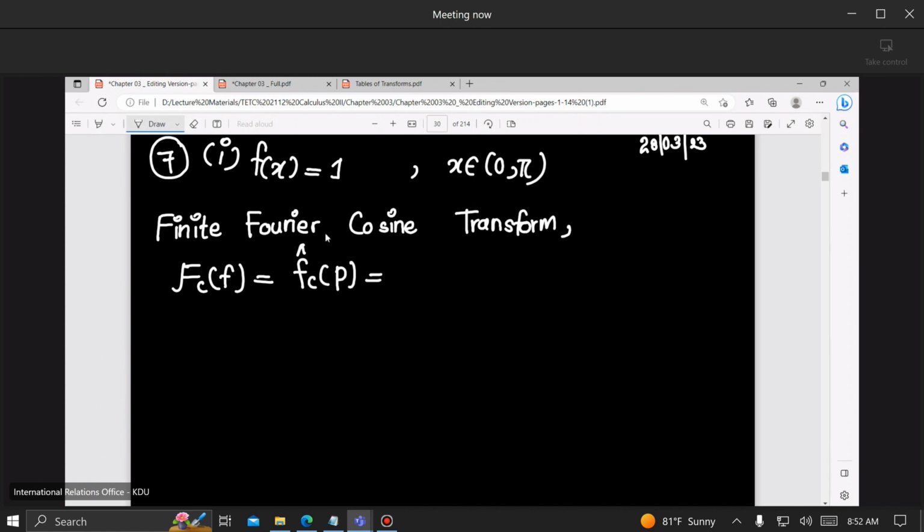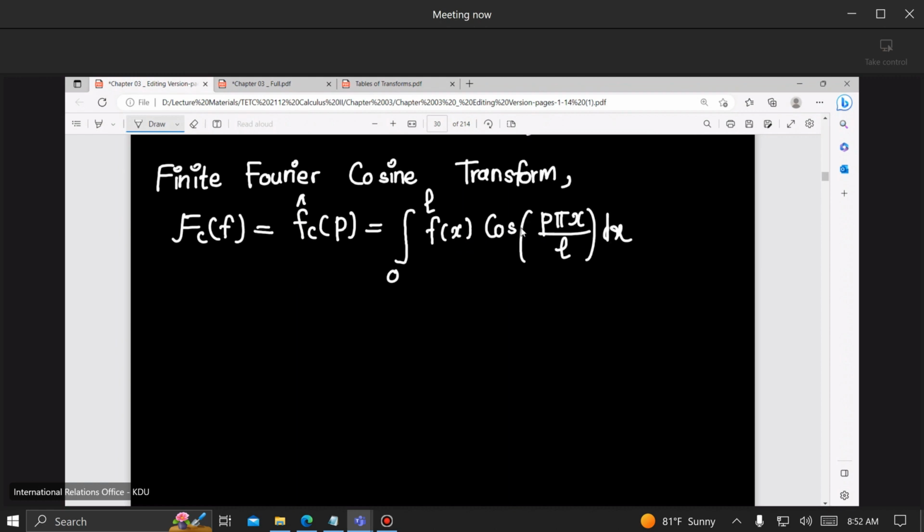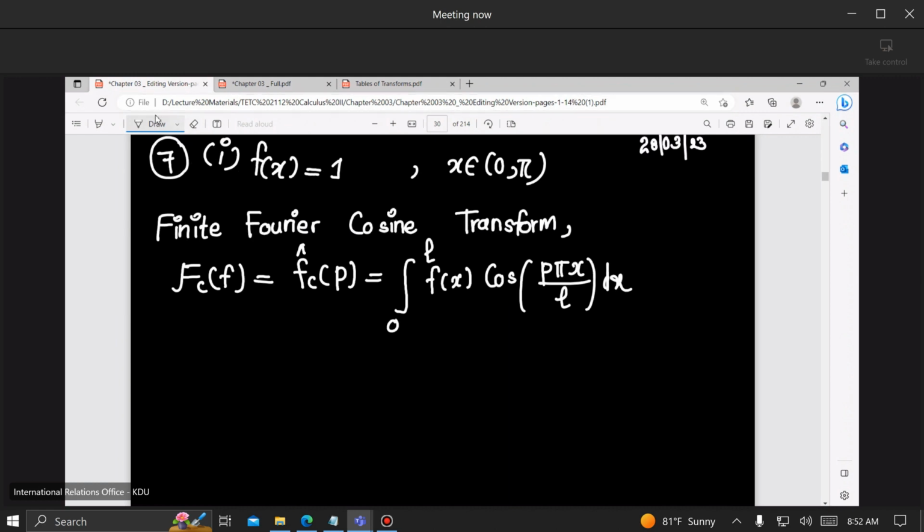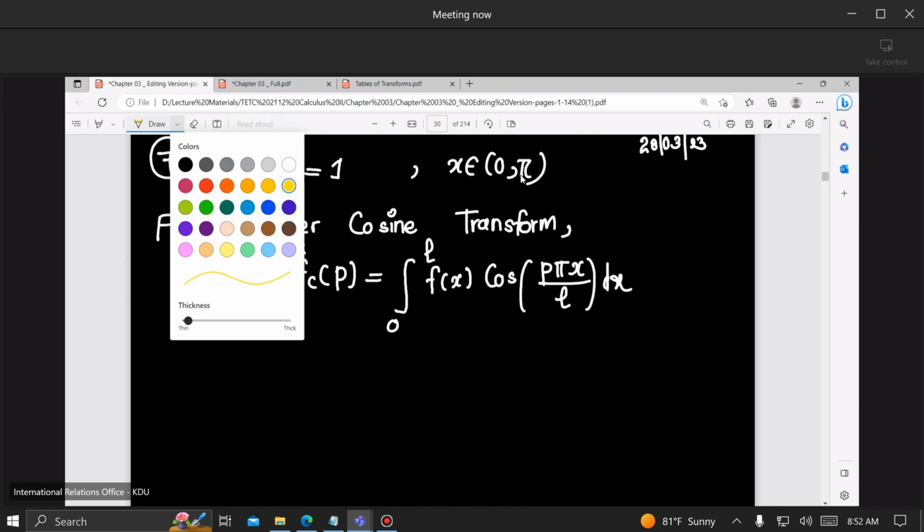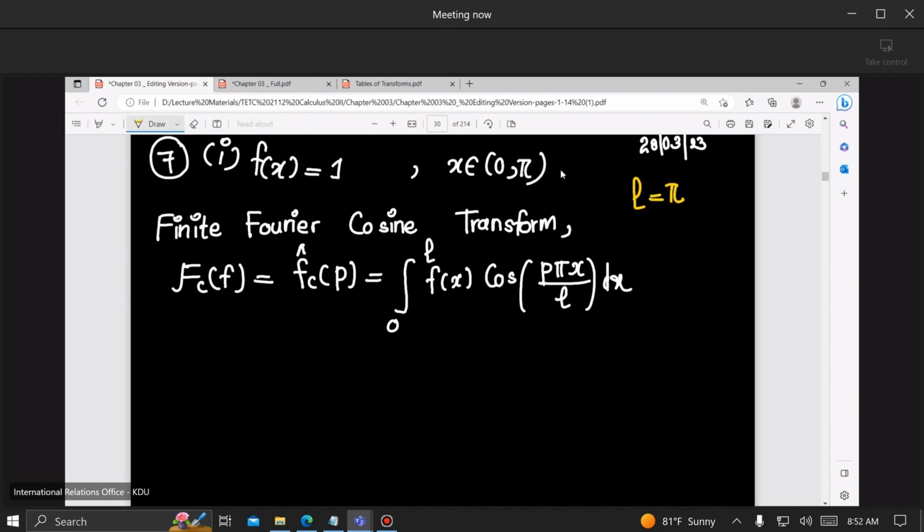So this is equal to the integration from 0 to L of f of x cosine p pi x over L dx. Here in this example we have identified that the value of L is equal to 5.